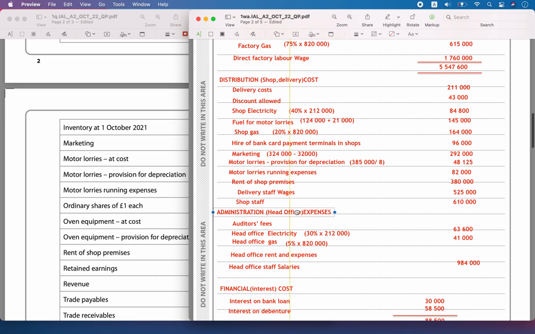Other things we have included because there was additional information given, so we have to add up and find out the total distribution cost.